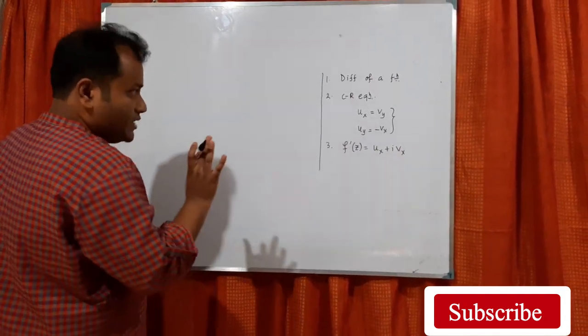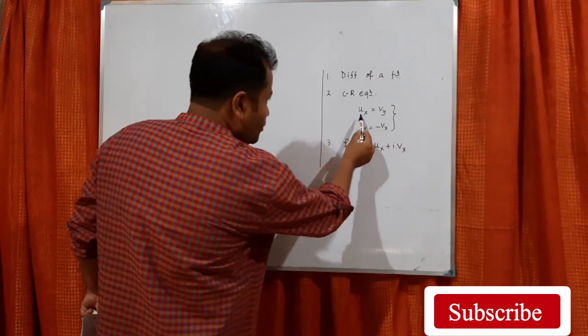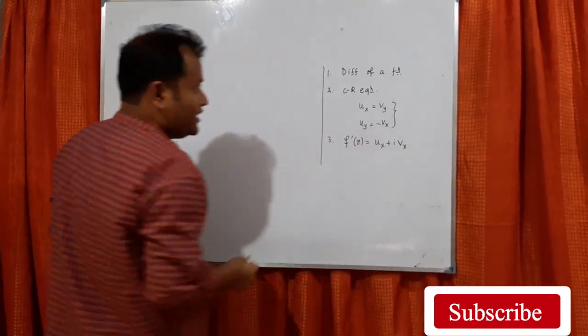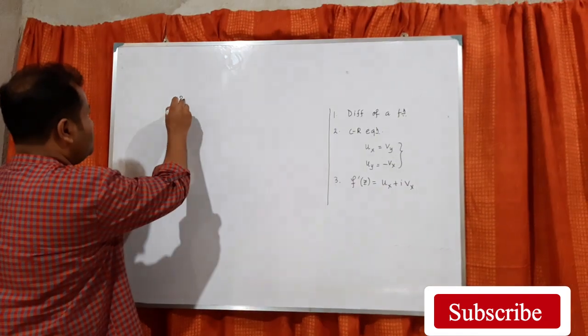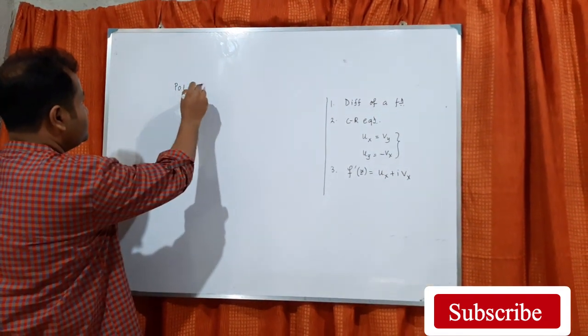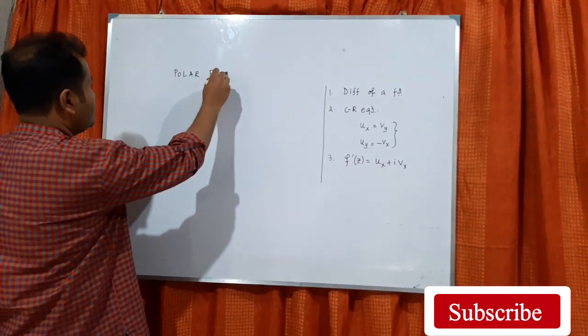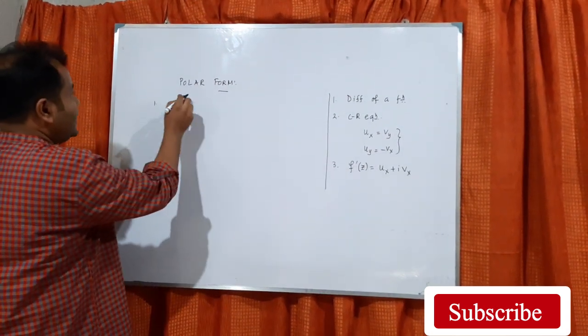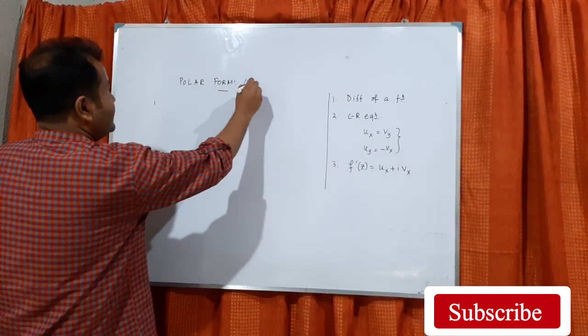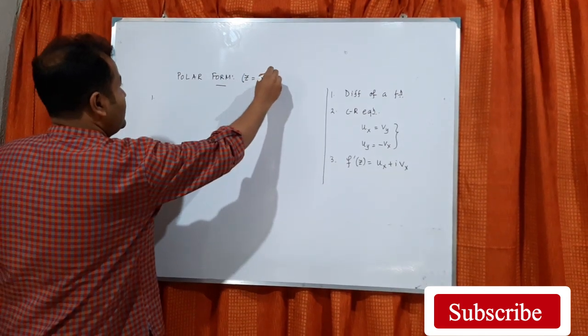Now everybody, you see that we have given in terms of x and y, but we also know there is another form which is called polar form. So what is the polar form? Polar form means z should be r into e power i theta.